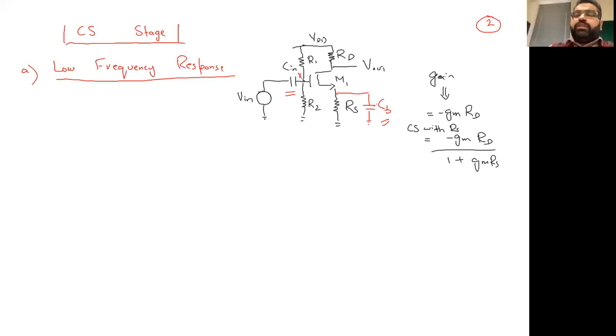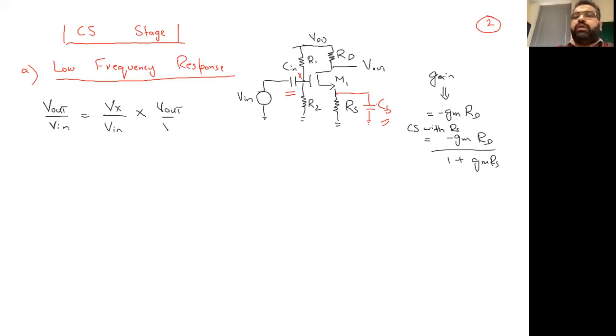So first of all, and the most important thing, we need to find V out by V in. Okay, so we want to find V out by V in, right? And I will now bring the capacitance of Cin into the equation. So this V out by V in is equal to, we all know, we can do the bifurcation, Vx by V in times V out by Vx.